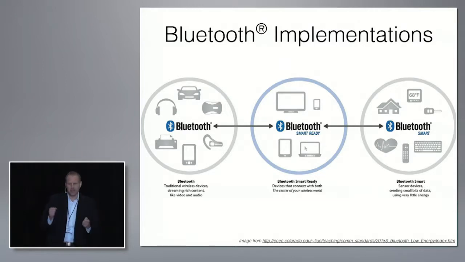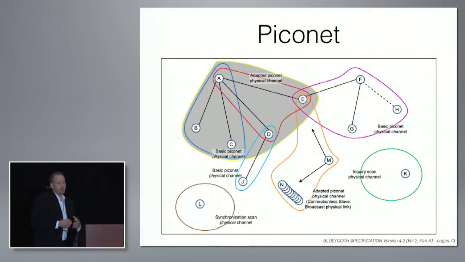You don't have a constant connection, but you do have a ping or some type of state update related to the information it's providing. Additionally, we have things like laptops and tablets, and they typically support both classic Bluetooth as well as Bluetooth Low Energy.